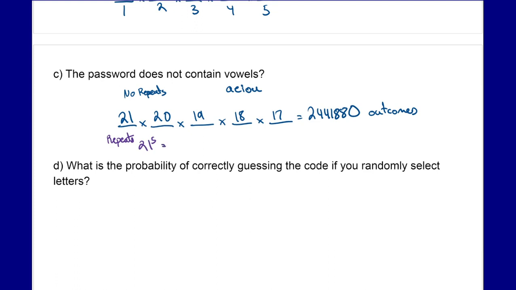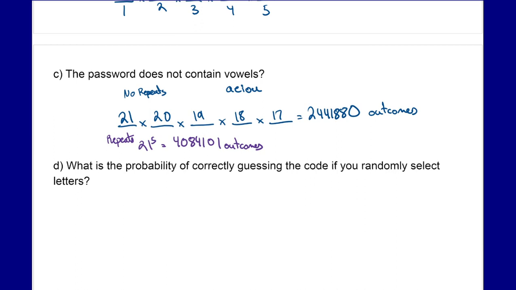So 21 to the power of 5 is 4,084,101 outcomes. So you can see how it changes. Obviously, having more possibilities for each event allows for more outcomes.